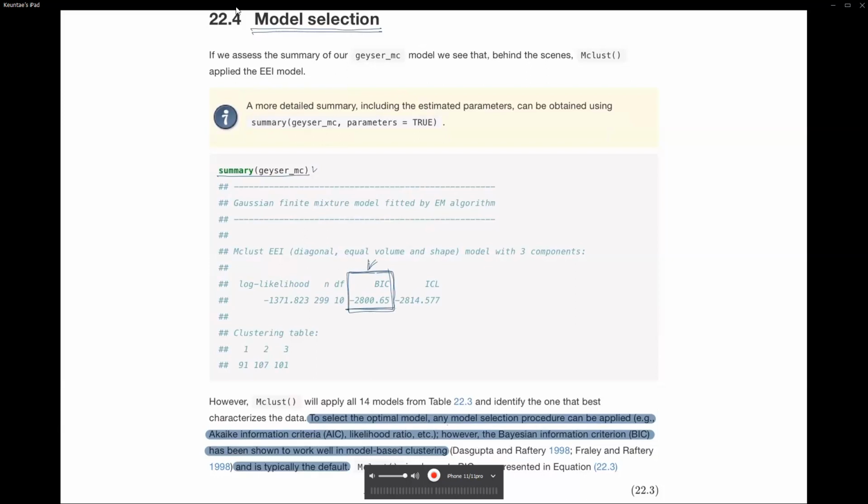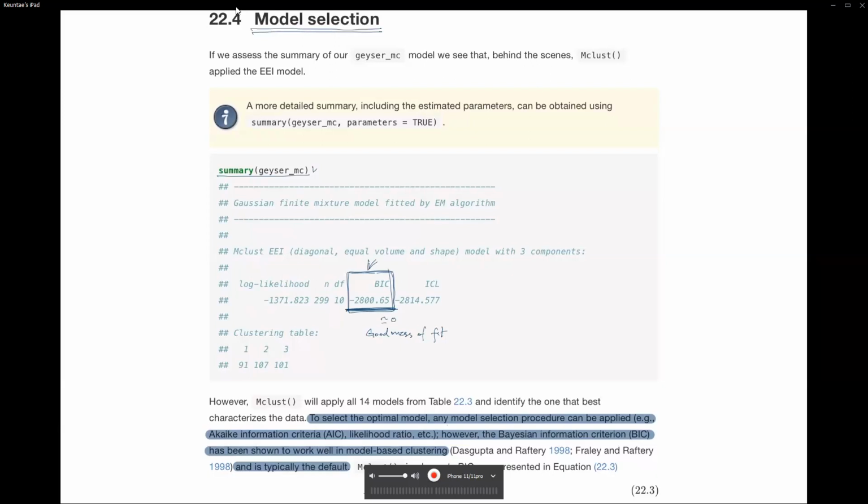So if this is close to zero, that means the goodness of fit is very good. Okay. So the one that is close to zero is going to be the better model.